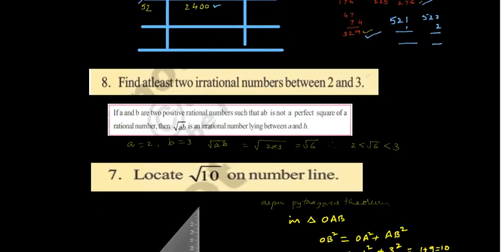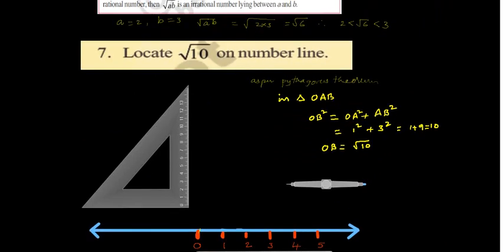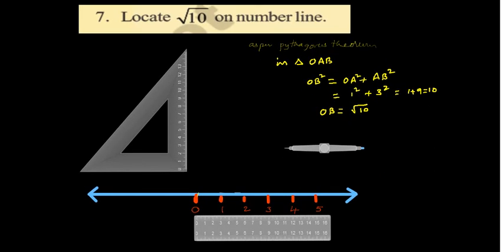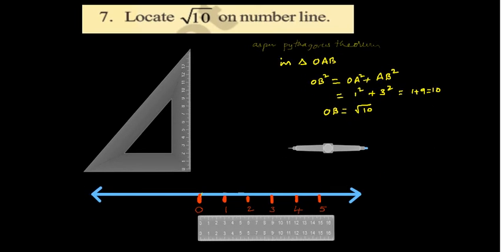What is the 7th question? You may observe on the screen. Locate root 10 on number line. Locate root 10 on number line. Already you may have done such problems in previous videos.